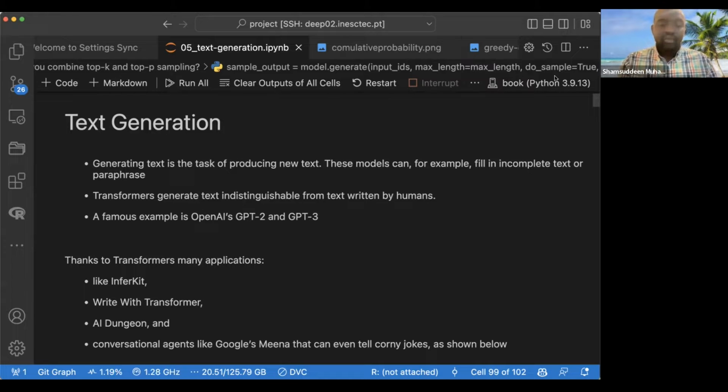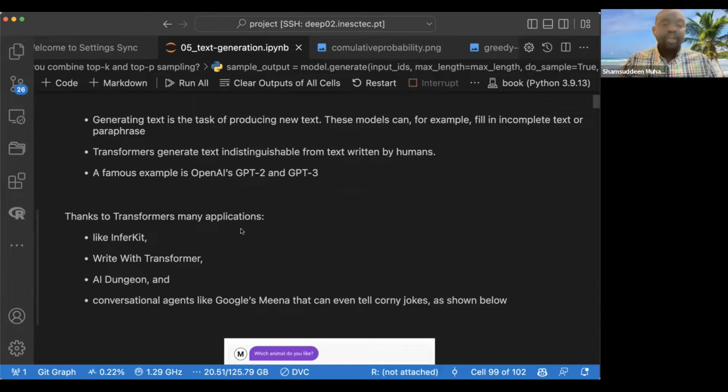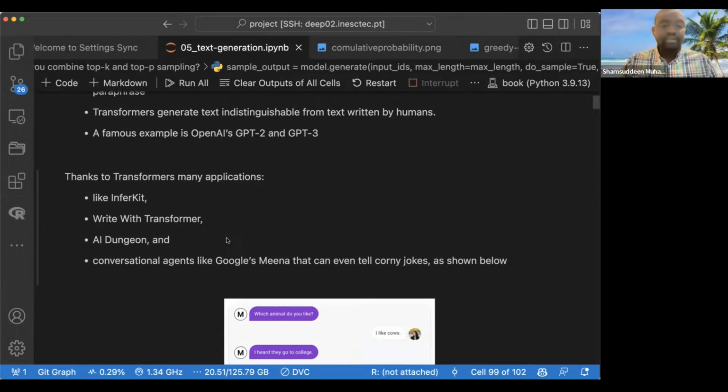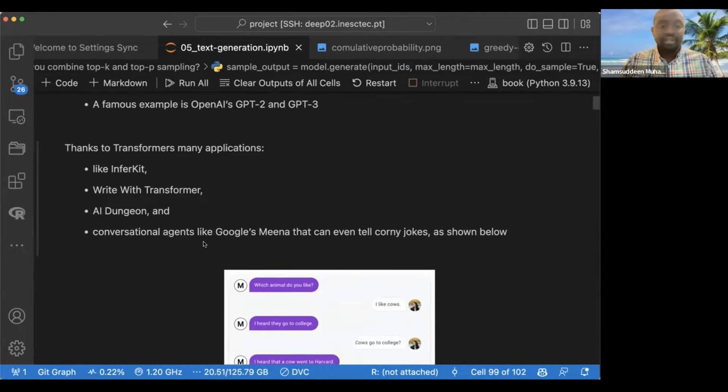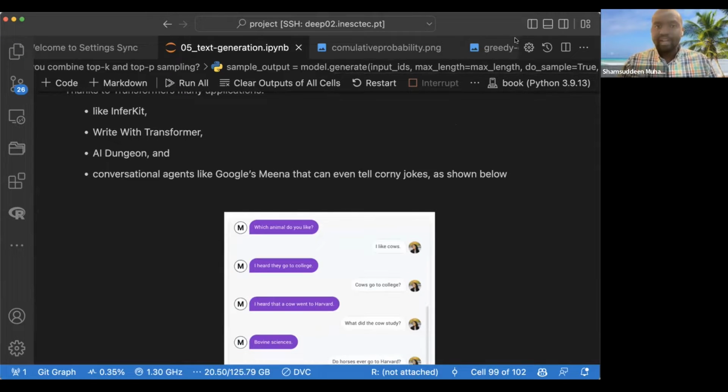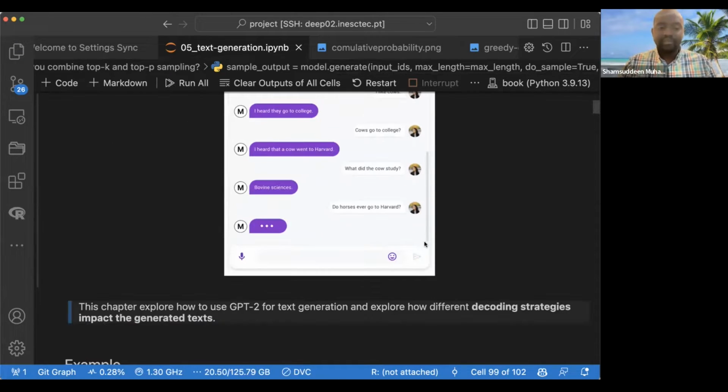Famous tools that give us very good text generation examples are OpenAI GPT, and transformers, basically because they are the brain behind GPT. There are a lot of applications that do incredible stuff with text generation. One famous one is the conversational agent Google Meena, and we can see that you can do some kind of story with that, which is good.